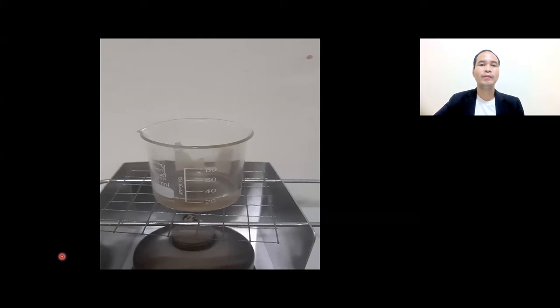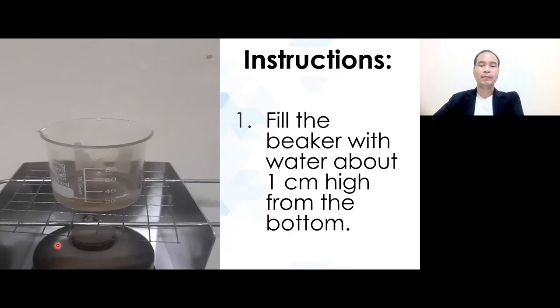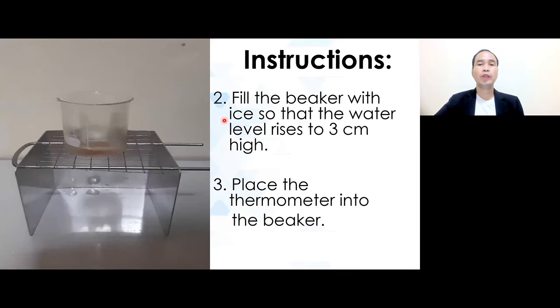One centimeter in your beaker is like 20 ml or 20 cc. Instruction number 2. Fill the beaker with ice so that the water level rises to 3 centimeters high. Instruction number 3. Place the thermometer into the beaker.